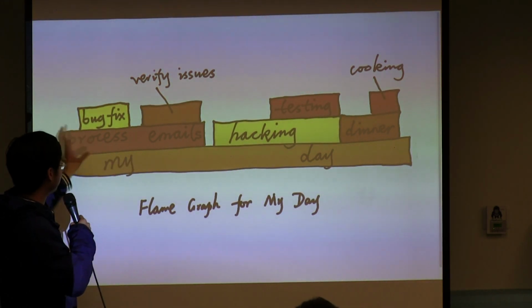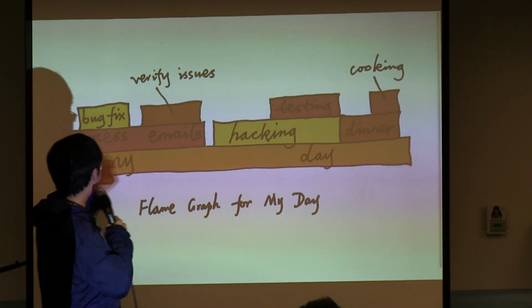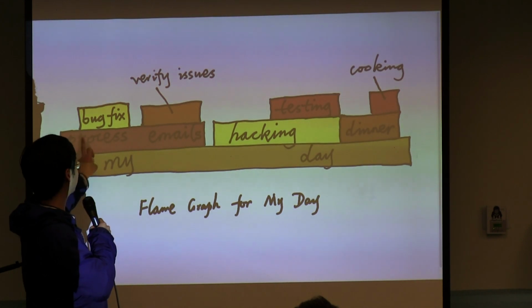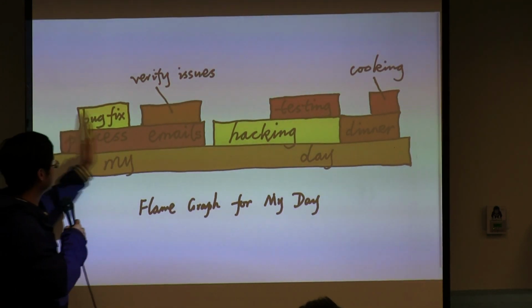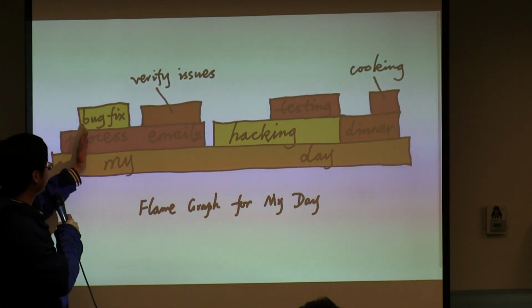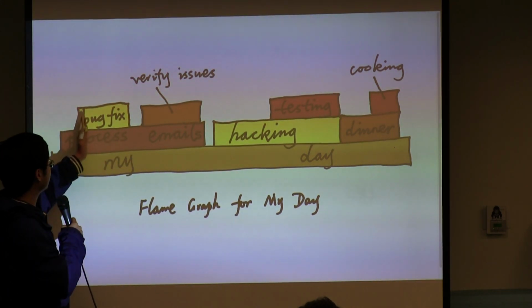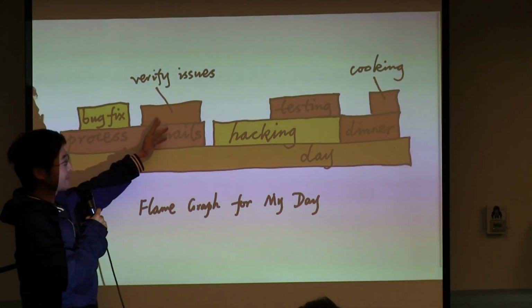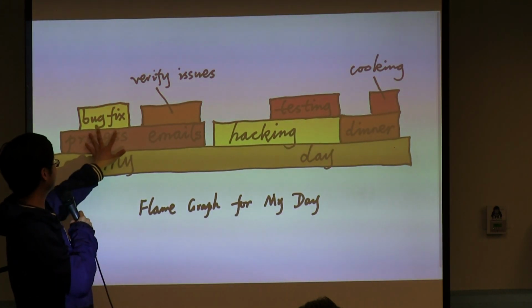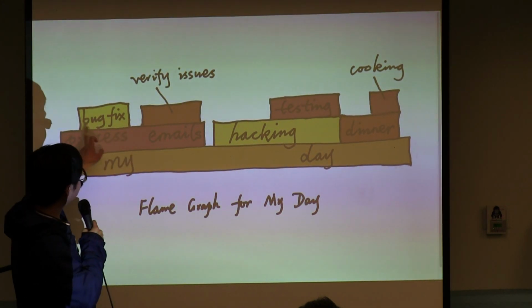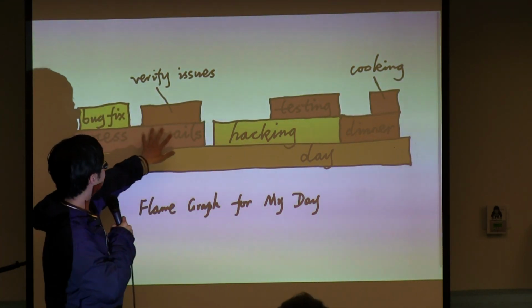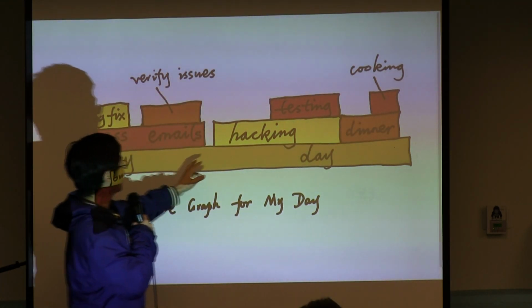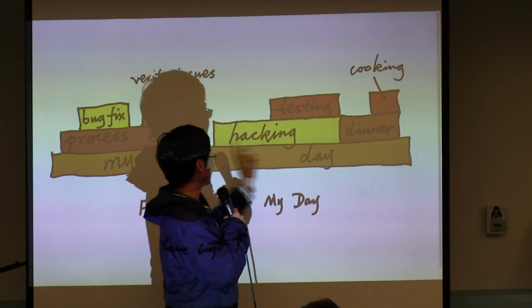During my day, I can spend, for example, 30% of my time on processing emails from the community. And I can further divide this time into bug fixes and verifying user issues. As we can see, the bug fix should take about 10% of the whole day, right? And verifying issues is similar, right? And also hacking takes some time.